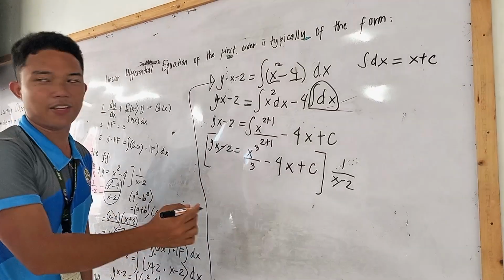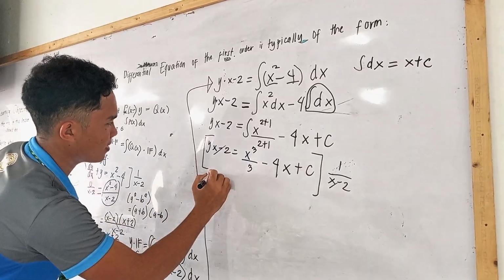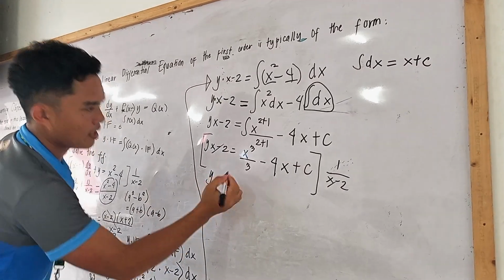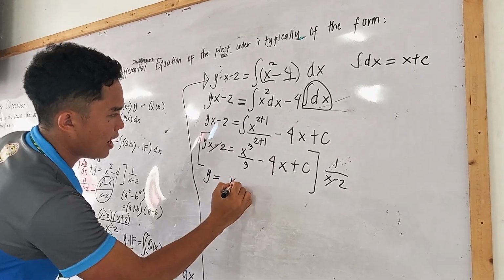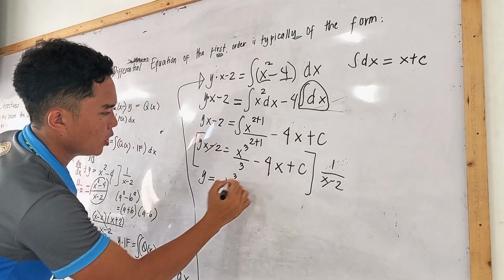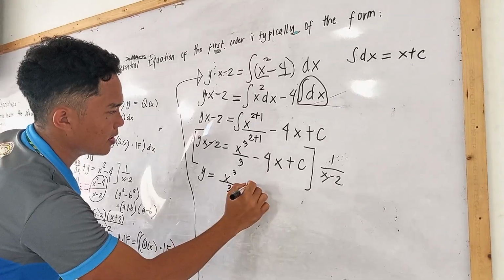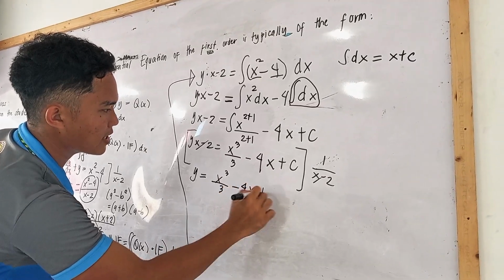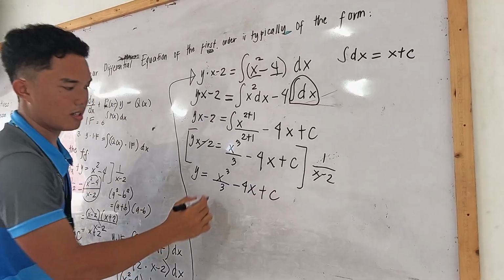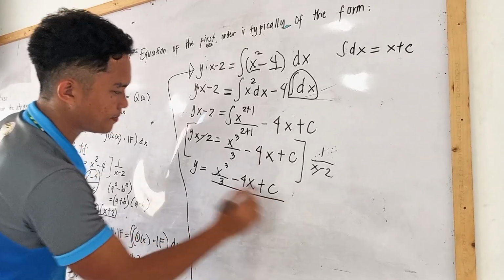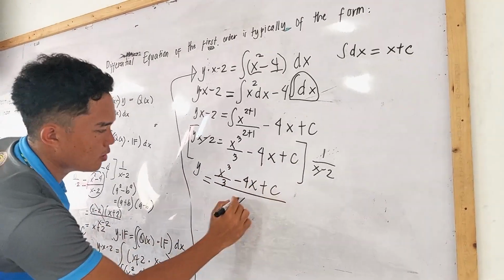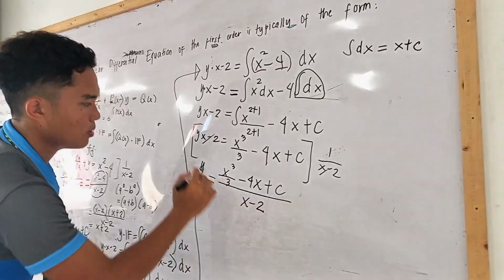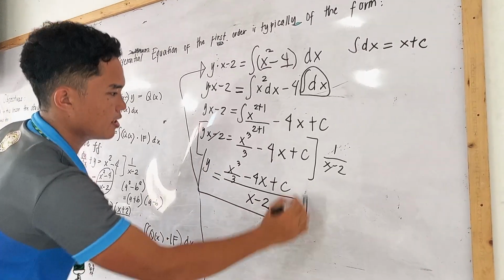So now, we have the final answer of y equals x cubed over 3 minus 4x plus c, all over x minus 2. So now we have the final answer.